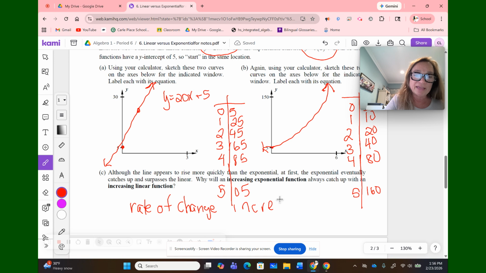So it depends on how long you're going to wait. If this was one of those penny questions, if I was only going to day 4, take the line. But if I'm going to day 5, take the exponential. If the race goes on long enough, exponential will always win, always. But you've got to have patience.